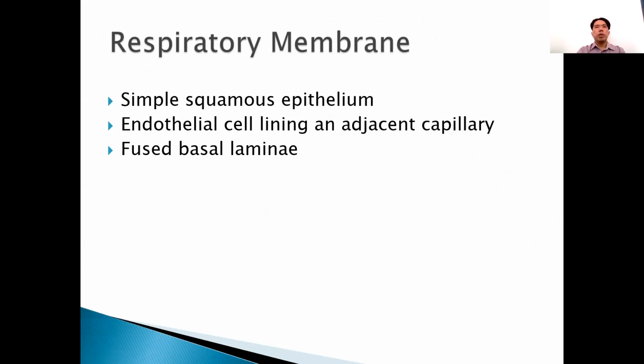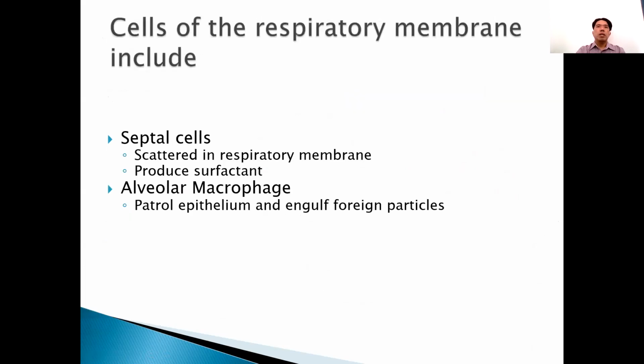So the respiratory membrane is simple squamous epithelium, and the endothelial lining lines the adjacent capillaries where their blood exchange is made possible via a fused basal lamina. The cells of the respiratory membrane are characterized as septal cells, which are responsible for the surfactant, which physiologically in newborn would prevent alveolar collapse.